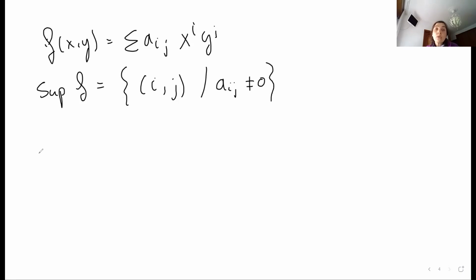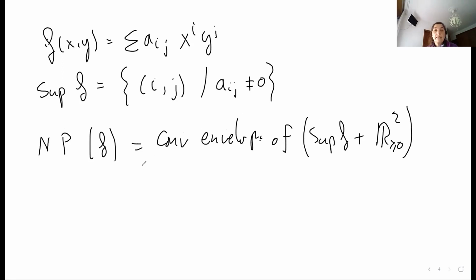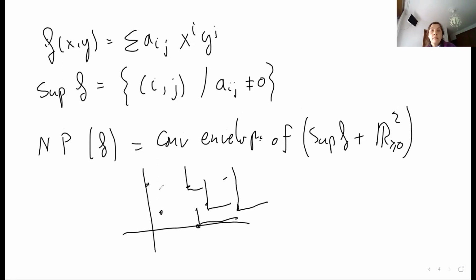And then we draw the Newton polygon of f, which is the convex envelope of the support of f plus the first quadrant. We draw the support, to each point we add the first quadrant, and then we take the convex envelope.